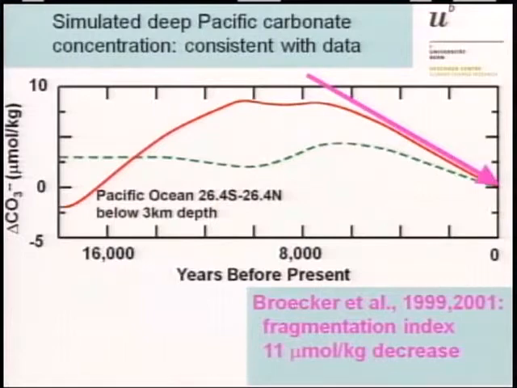That is the carbonate ion concentration in the deep Pacific. Here is the model output. They show an increase in the concentration and then a decrease during the later part of the Holocene. And you see the decrease is roughly consistent with the estimates published by Bröcker based on his fragmentation index, that there is a late Holocene decrease in this carbonate ion concentration of 11 micromole per kilogram.